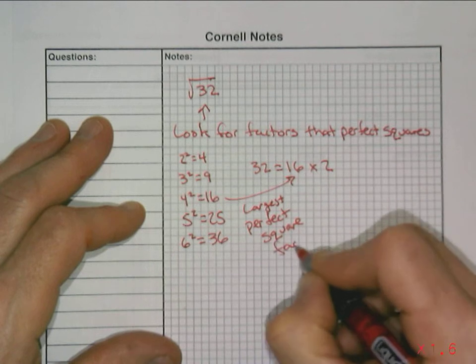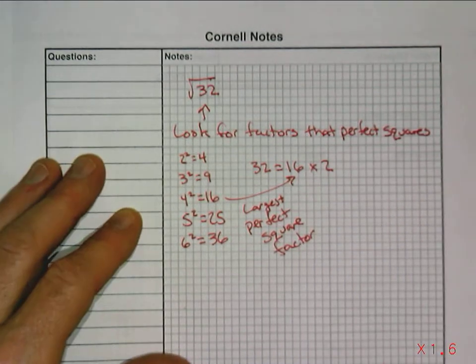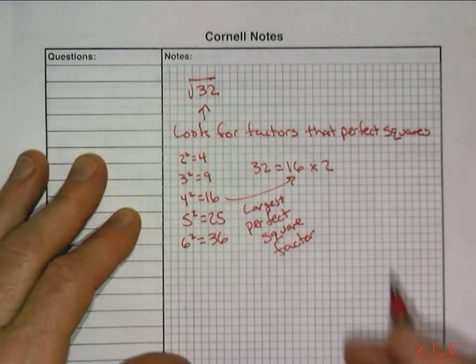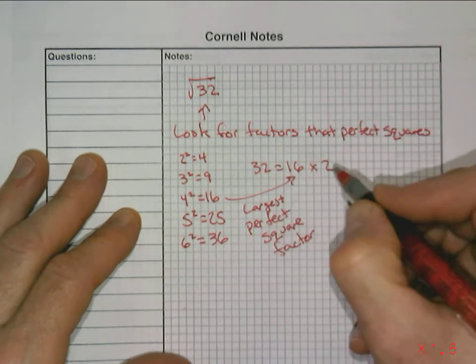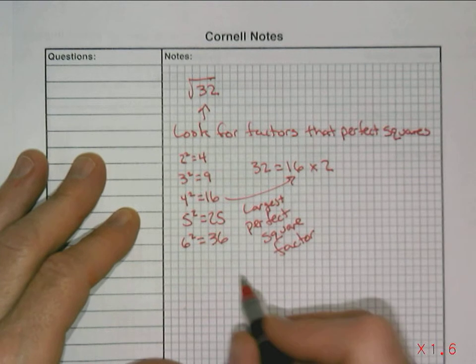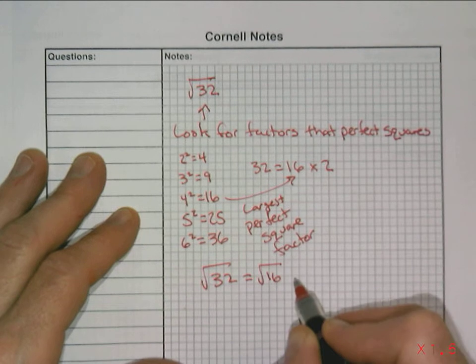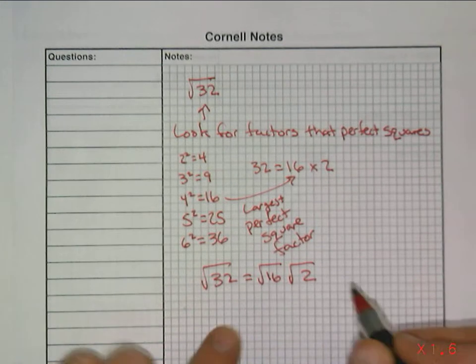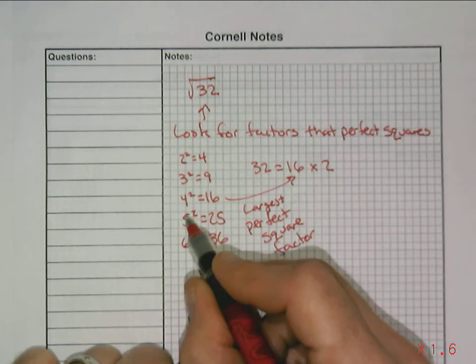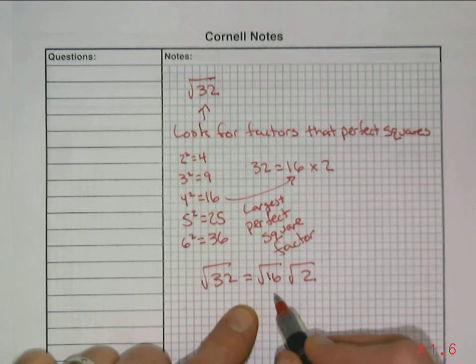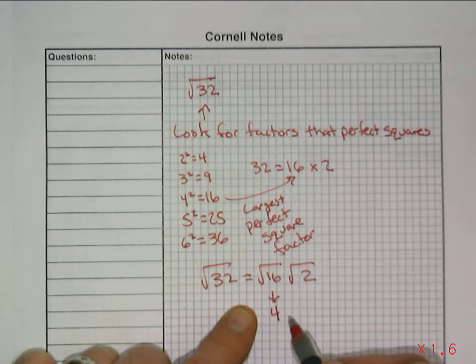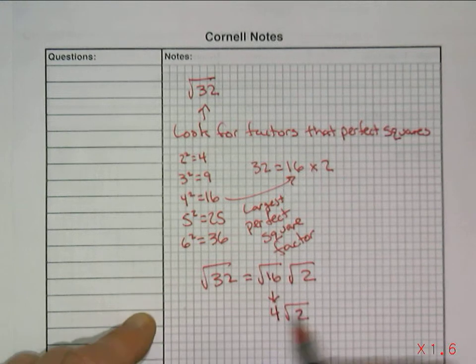And so what that does for me is that now I can take that square root of 32 and factor it into the square root of 16 times the square root of 2. And because I know what the square root of 16 is, it's 4, I can know that the square root of 32 is equal to 4 square roots of 2.